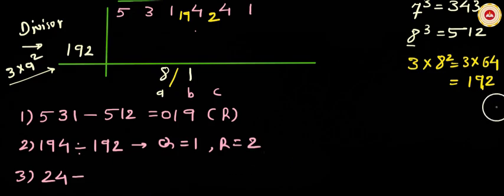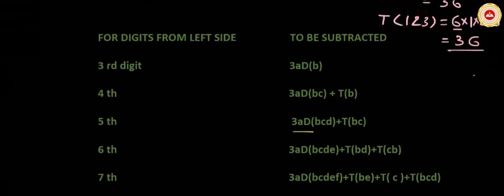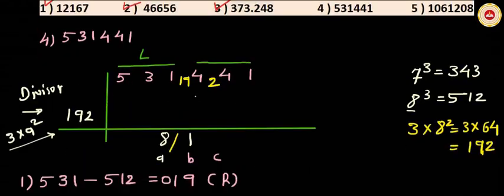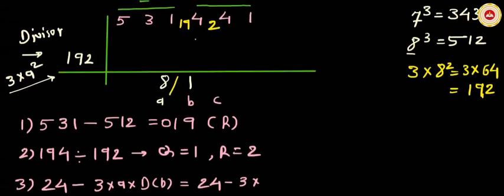So 24 minus, to calculate third digit, what we subtract? 3 multiplied by A multiplied by duplex of B. What is A?